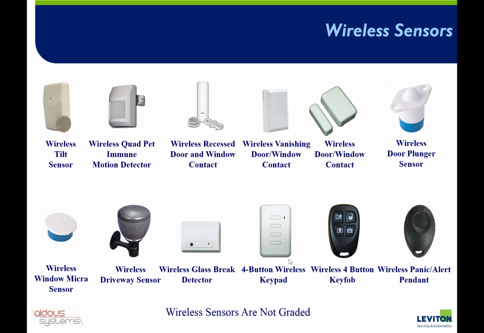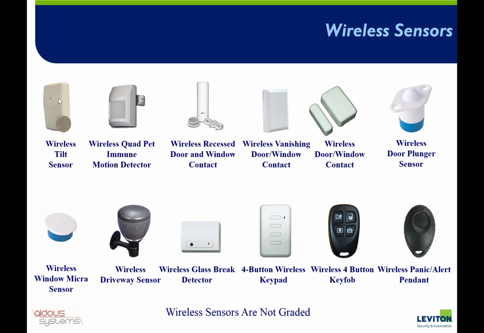And here is the range of wireless sensors available to you. Just going to run through them quickly. In the top left here, we've got the wireless tilt sensor. This is typically used on an up and over garage door, where you can put it on the door, and as the door goes up and goes horizontal, that trips a little mercury switch. But also inside here is a screw down terminal, where you can also wire in any volt-free contact.